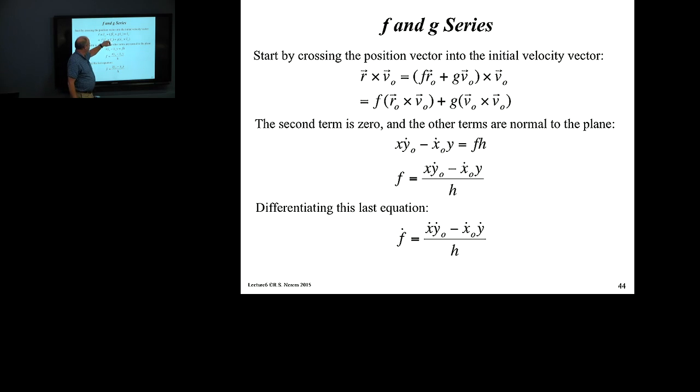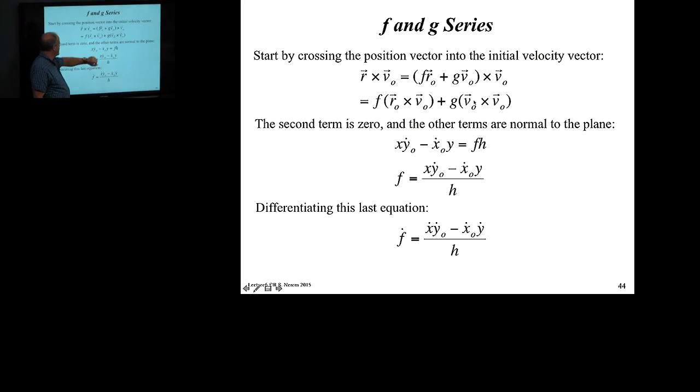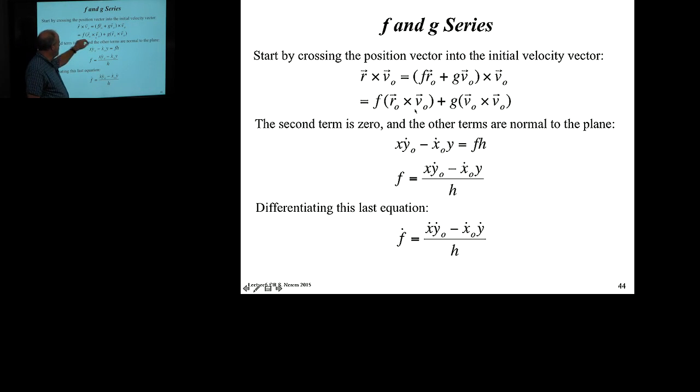Remember, the position vector is F times R0 plus G times V0. You cross them together, and this term is 0 because a vector crossed into itself is 0. You get R0 cross V0, which is H, which is constant. So this cross product can be expressed as just F times H. That allows you to solve for the F function, so we have our first function that we need.